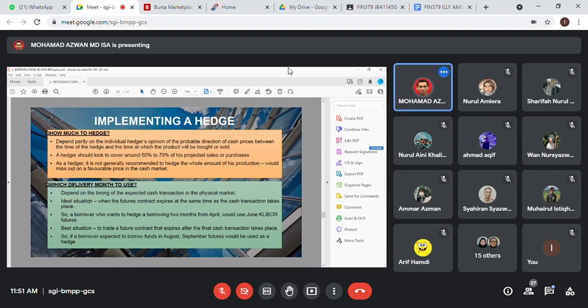What is the agreement? The agreement depends on commitment.